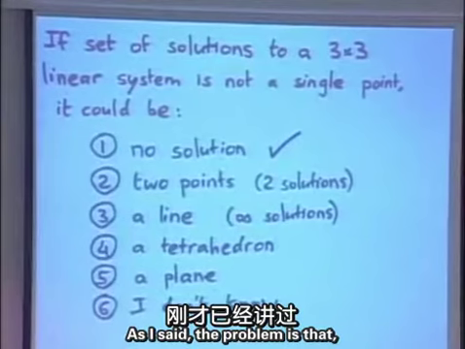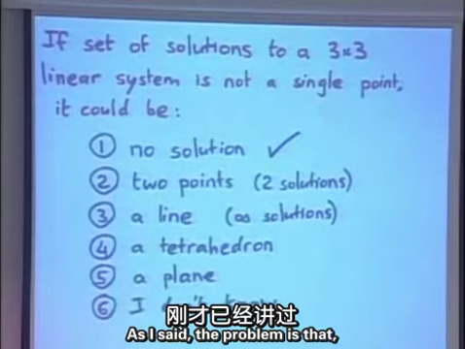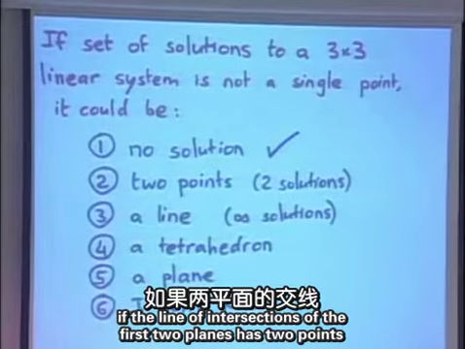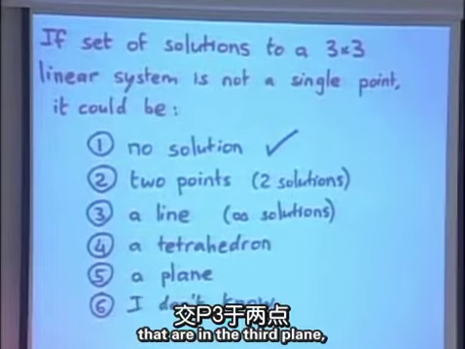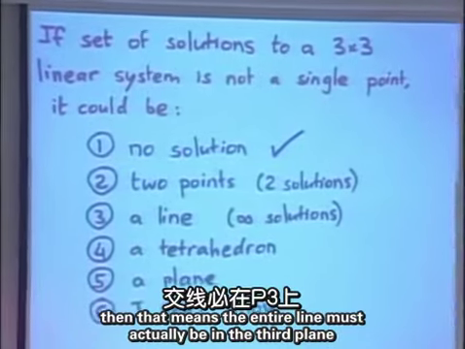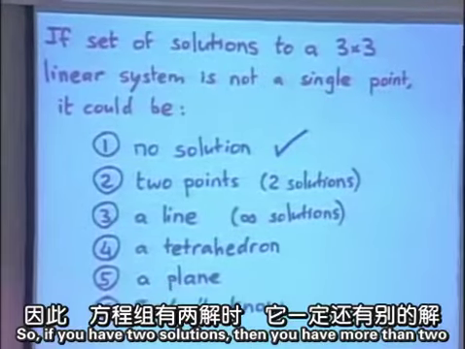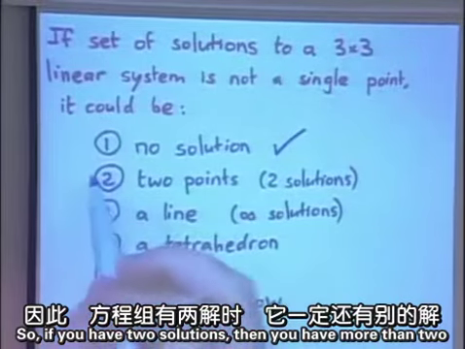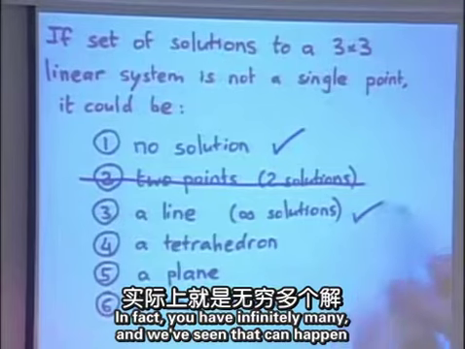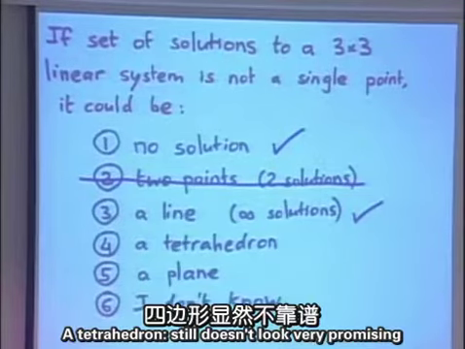And as I said, the problem is if the line of intersection of the first two planes actually has 2 points that are in the third plane, well, then that means actually the entire line must also be in the third plane. So if you have two solutions, then you have more than two, actually. In fact, you have infinitely many, and we've seen that can happen. Okay, tetrahedron still doesn't look very promising.